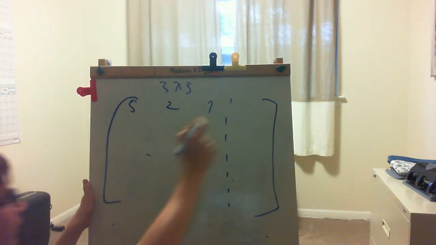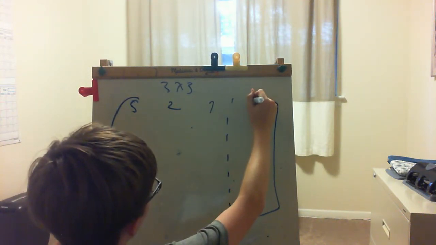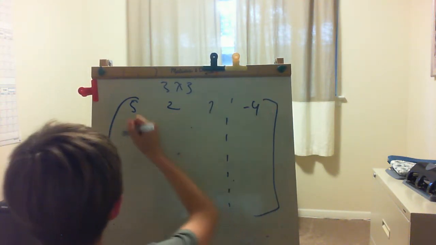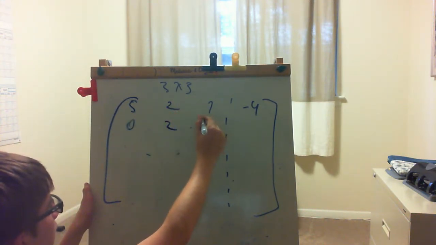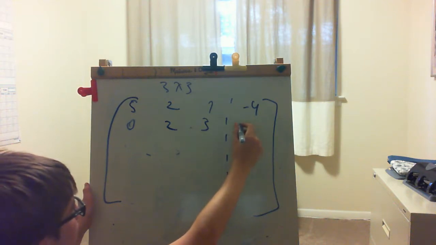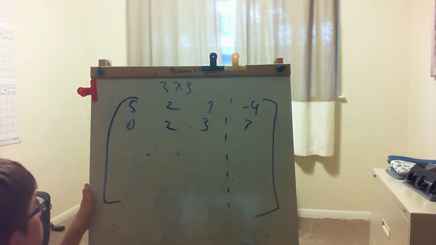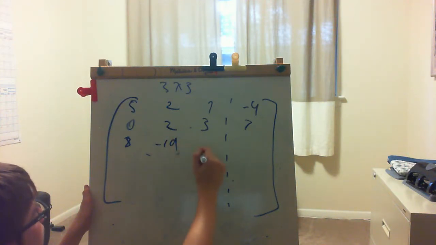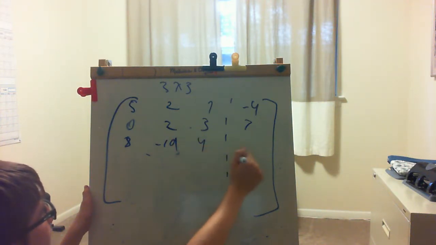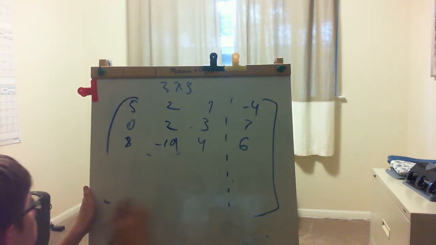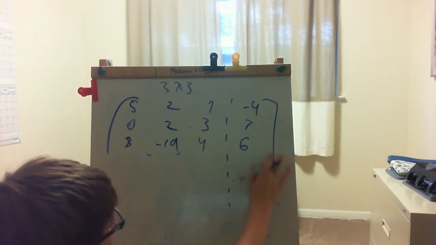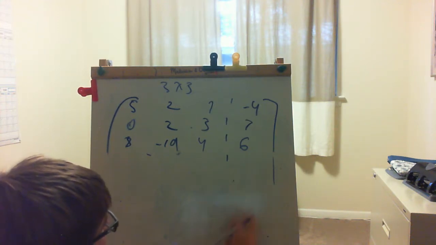So 5, 2, 1, and let's say that gives us -4. 0, 2, 3, that gives us 7. And then 8, -19, 4, and say that gives us 6. Did that again, so sorry.